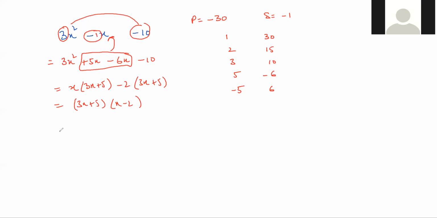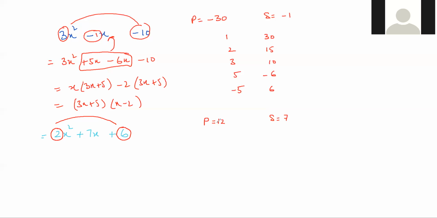Let's say you have 2x squared plus 7x, and you have plus 6 here. Now you try this. There is a 2, there is a 6. So what should be the product? The product should be 12, and the sum should be 7.